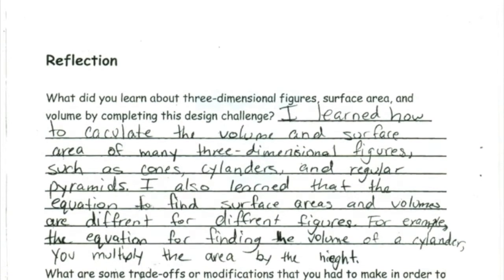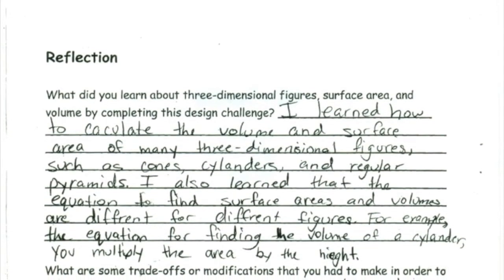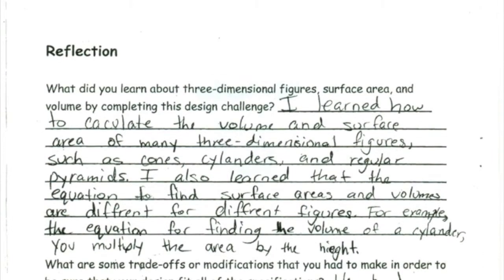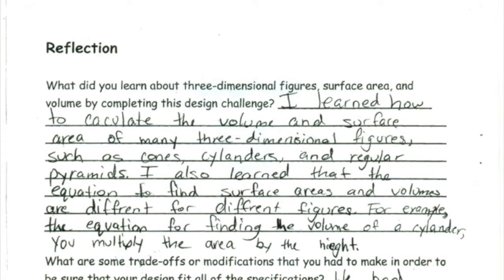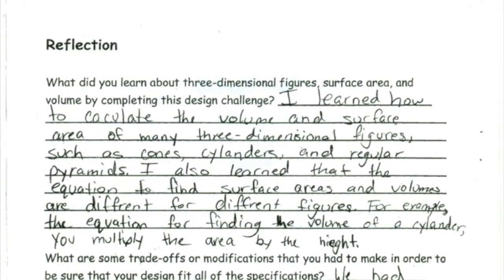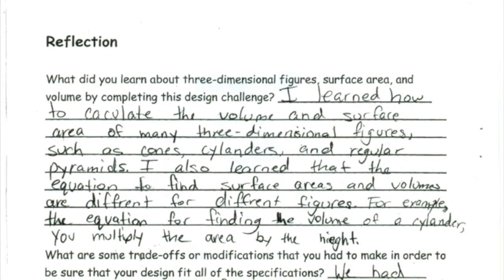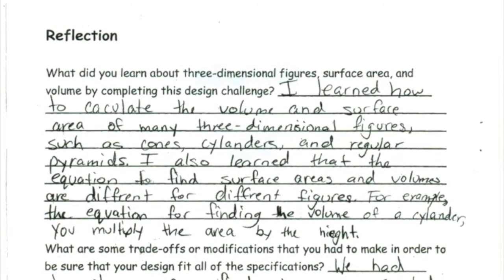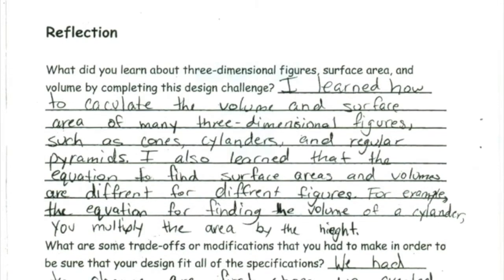The reflection page, which reflects on the mathematics behind it, it also reflects on trade-offs, modifications, things like that. It appears to be towards the back of the packet, of the portfolio. But you really need to employ pieces of this in the middle part of this.